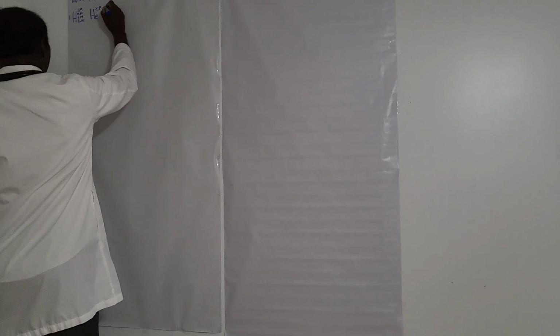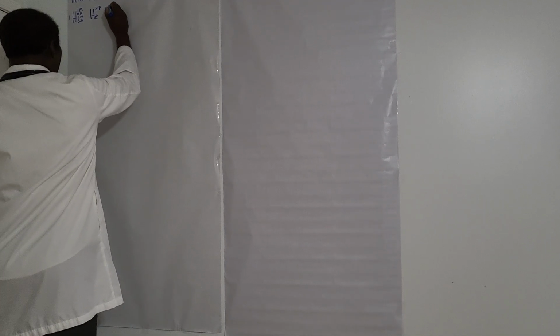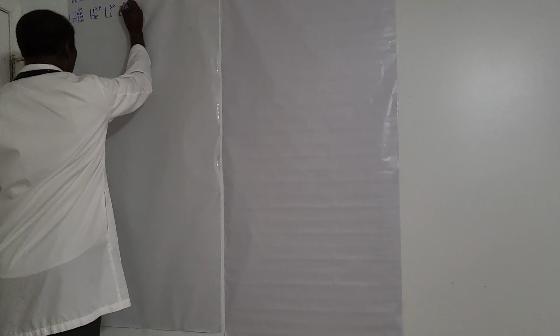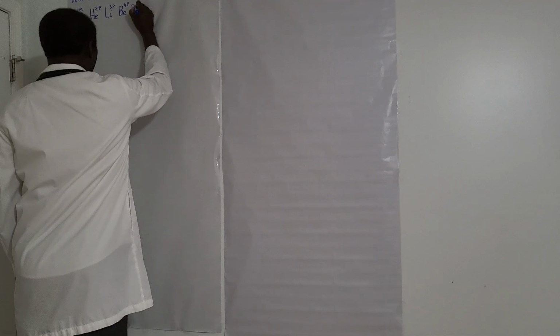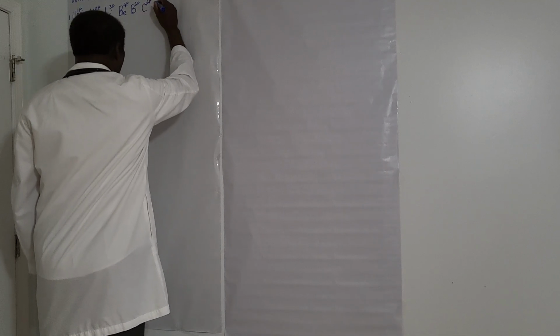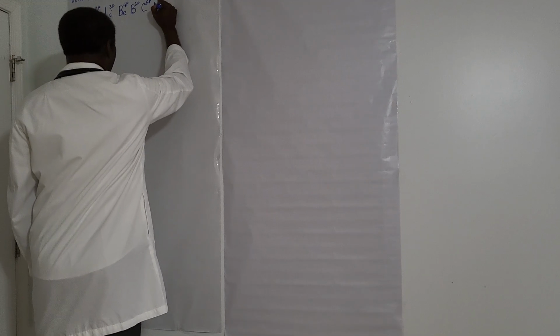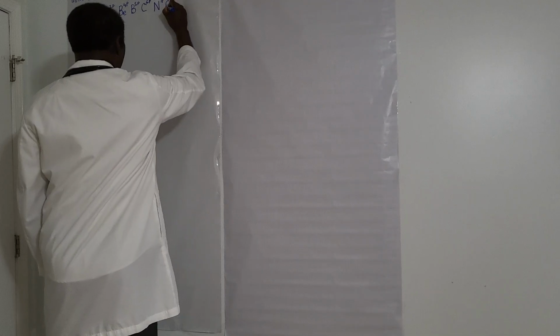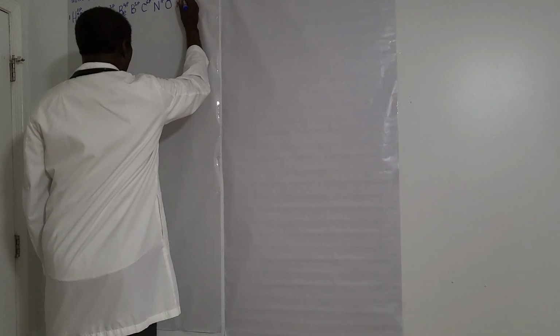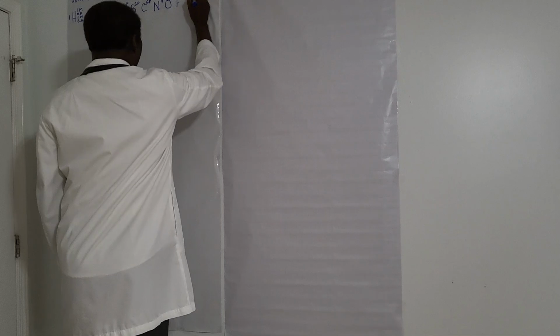2 protons, we have lithium, 3 protons, beryllium, 4 protons, 4p, boron, 5 protons, carbon, 6 protons, nitrogen, 7 protons, oxygen, 8 protons, fluorine, 9 protons, neon, 10 protons.